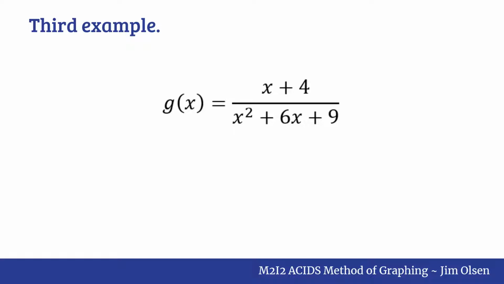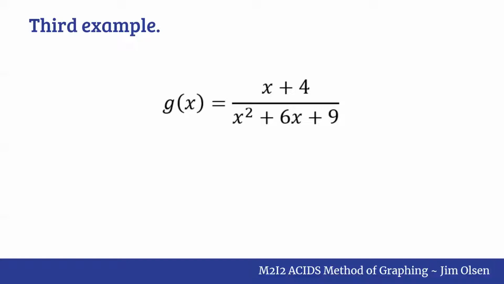Right off the bat, I'm going to talk about the horizontal asymptote. If we take the limit as x approaches infinity here, this x squared is going to dominate not only the denominator, but it's also going to dominate the entire fraction.